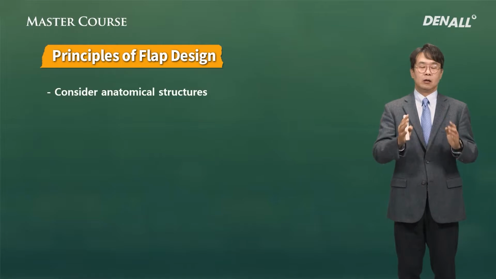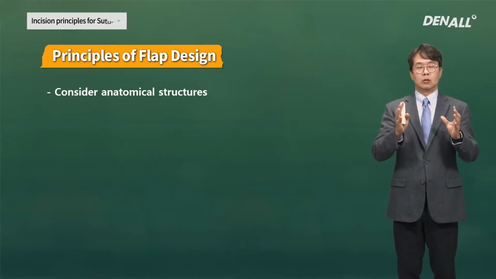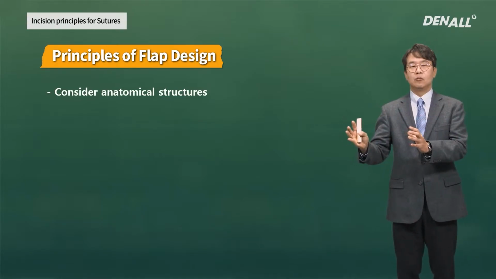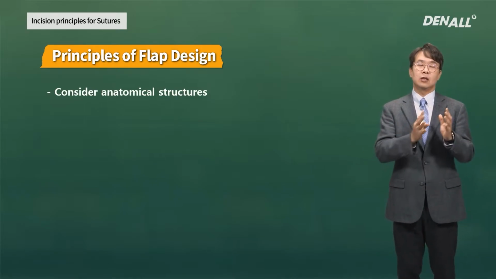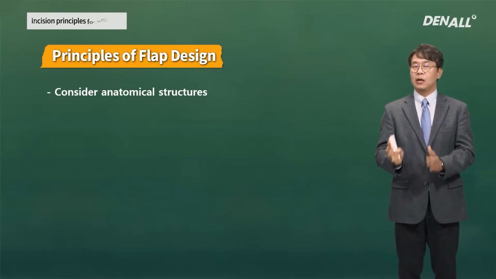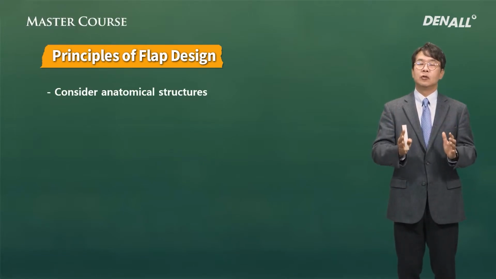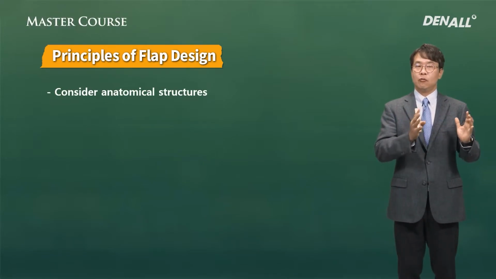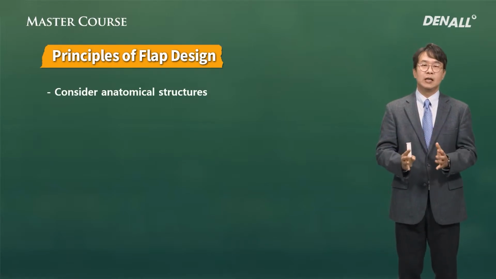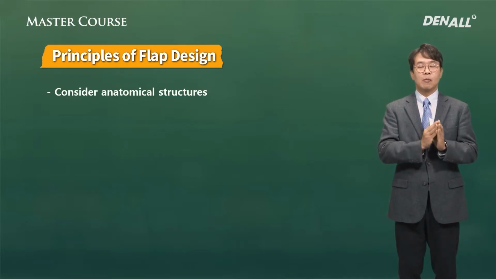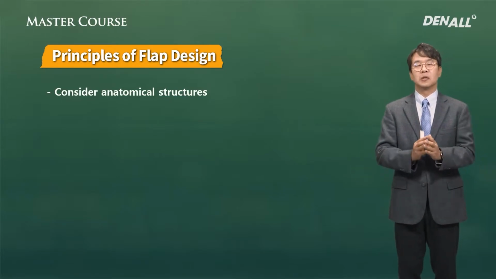That's very important. If the area has a mental foramen, how do we need to make an incision? We need to avoid the area where a nerve exists. So the location of incision should be understood by considering anatomical structures.